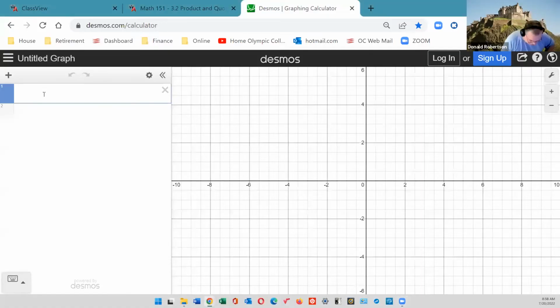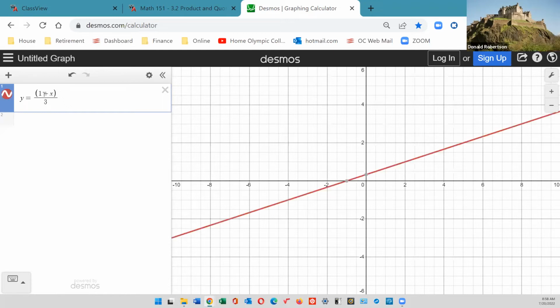We can always check things out using Desmos if it's a tangent line question. So here we go. What's it going to be? y equals, I think I'll need brackets, 1 plus x divided by 3 plus e to the x.